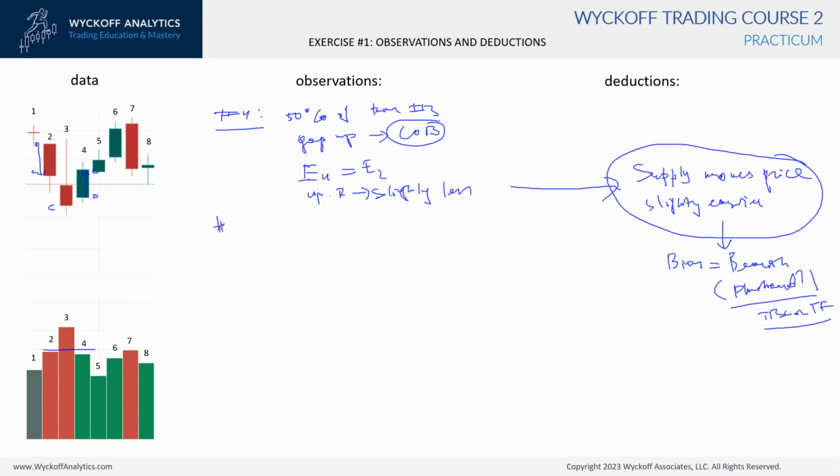Okay, bar number 5, what could we say about bar number 5? What does that look like to you guys, bar number 5? Is this a significant bar? Is there some kind of extension, or is it a test? Probably a test of 4.